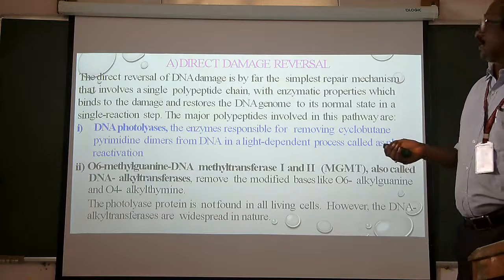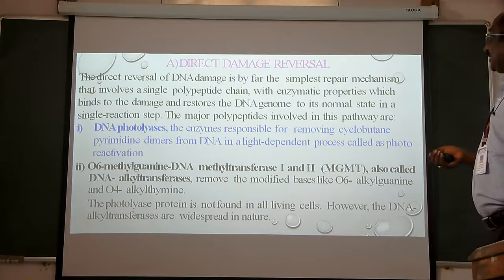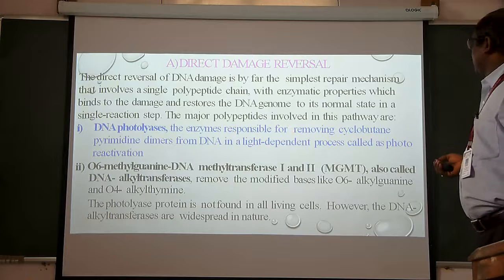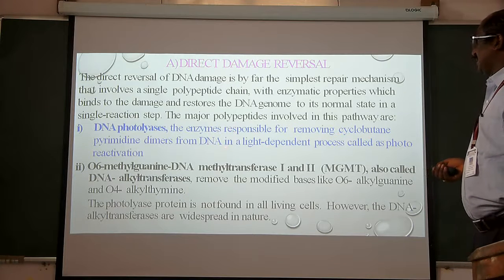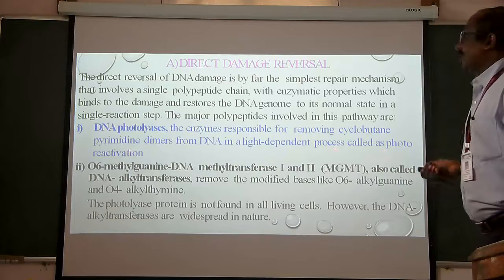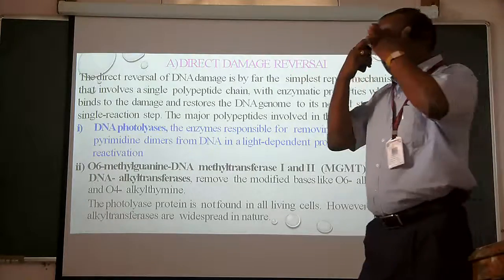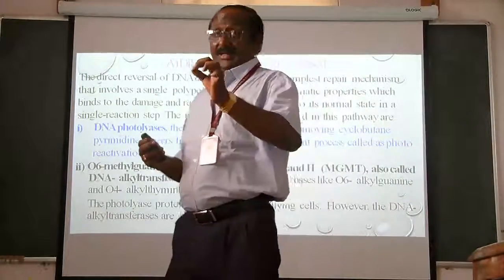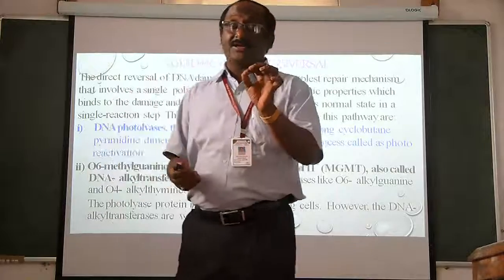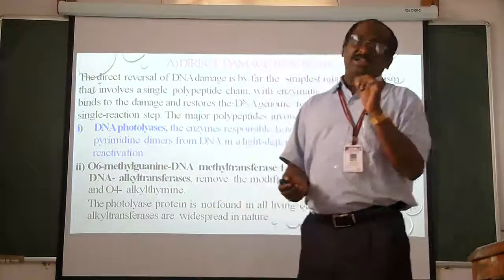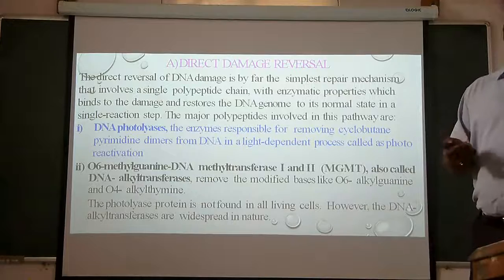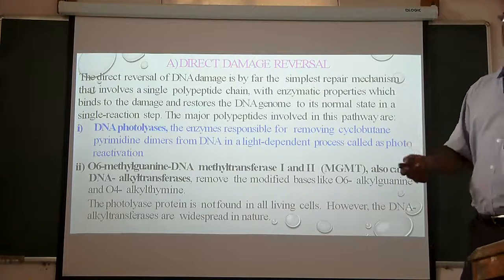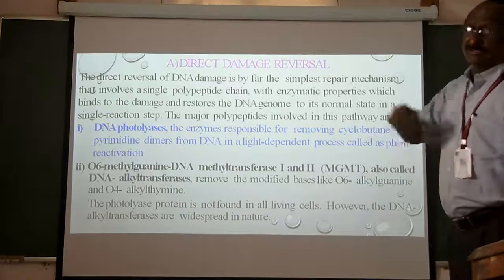It is one of the major important polypeptides. The enzyme is responsible for removing the cyclobutane pyrimidine dimers from DNA in a light-dependent process called photoreactivation. So the DNA repair mechanisms conducted because of light, ultraviolet light, it is the DNA photolyase which is responsible for the repair mechanisms or the direct reversal.